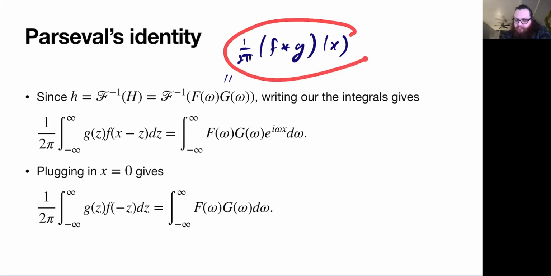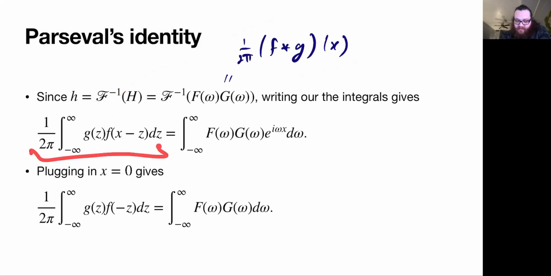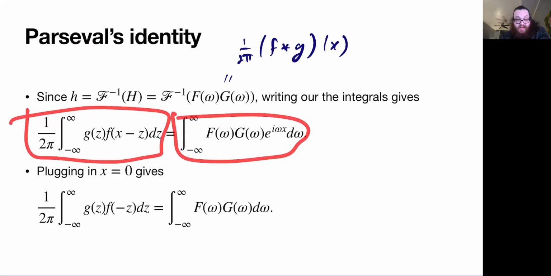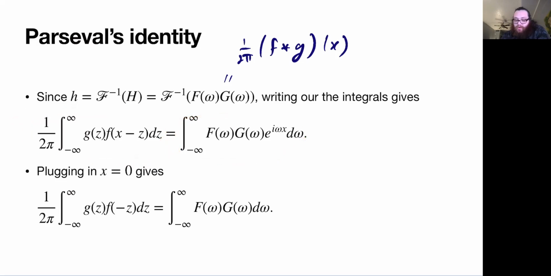If we explicitly write out this integral, that gives this. Otherwise, if we write out this integral, this is the inverse Fourier transform of the product. So this identity tells us that these two integrals are the same. This holds for all x. So if we plug in x equals 0, this goes to 1, that's 0, so we're left with this identity.